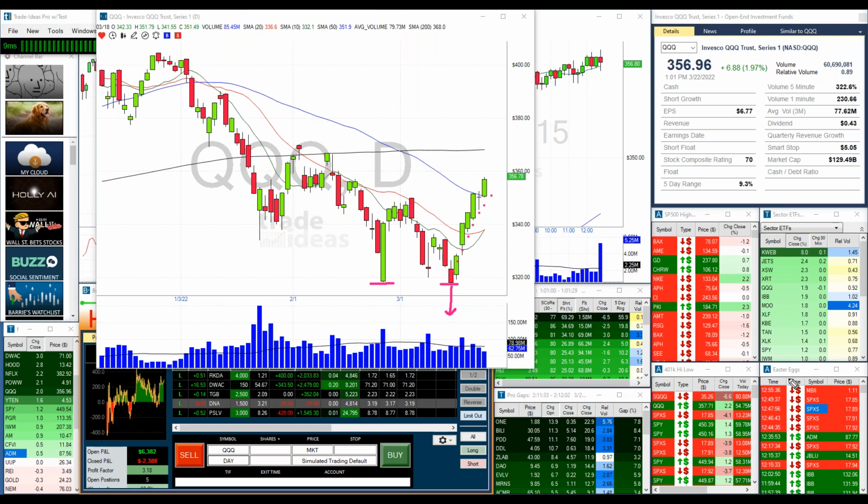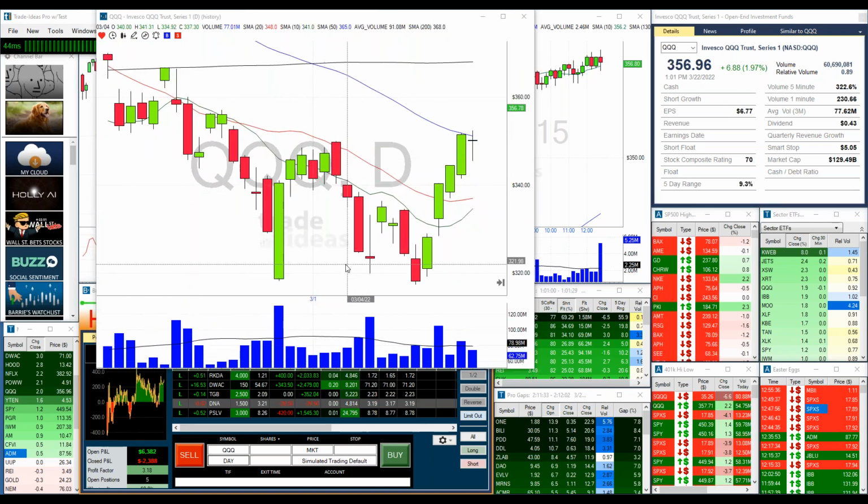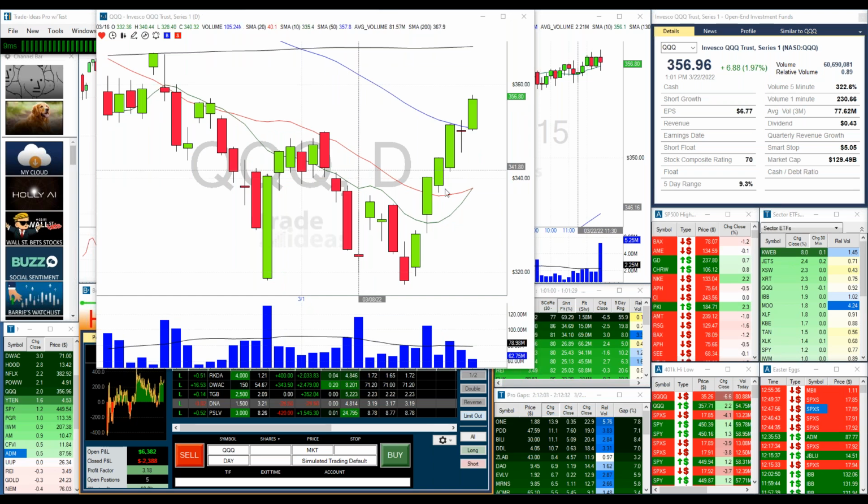Wash, rinse, and repeat. I'm really surprised, if I just take out this one candle, that was yesterday's close. I really felt like we were being stymied and just hit a wall there at the declining 50-day moving average, and just like the S&P, I fully expected a couple of days of pullback, but we didn't get it. So that's kind of an interesting sight.